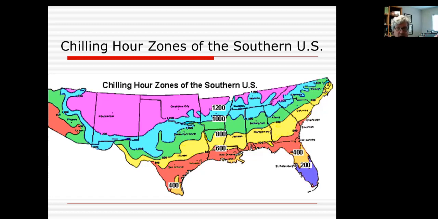But when you buy bulbs, like Asiatic lilies or daffodils, they're pre-chilled before they're shipped to you because they want to make sure that they bloom and you get a good response. Now down here, it's hard, and that's why some of those things don't re-bloom. Or if a seed comes from up north and needs cold weather, it may not germinate down here.